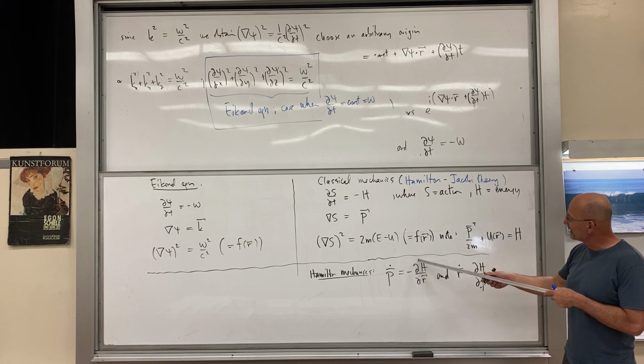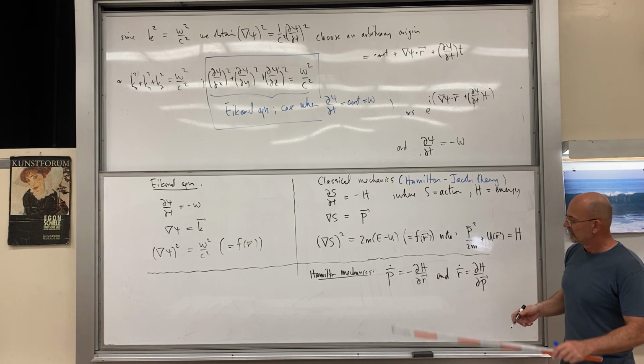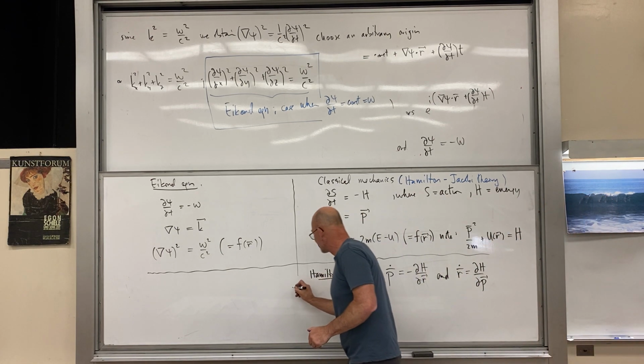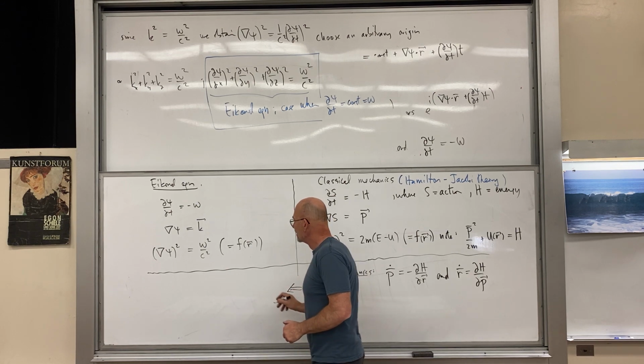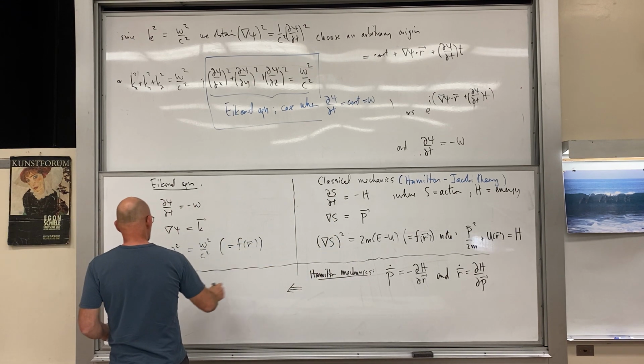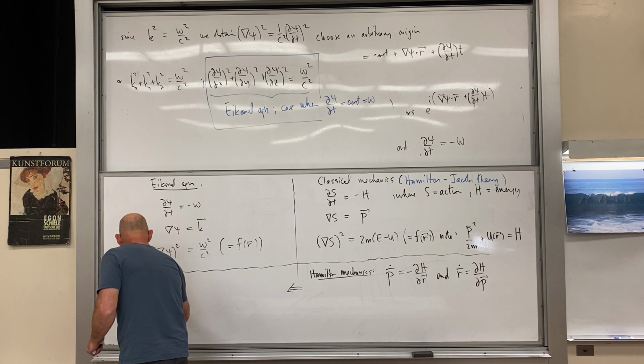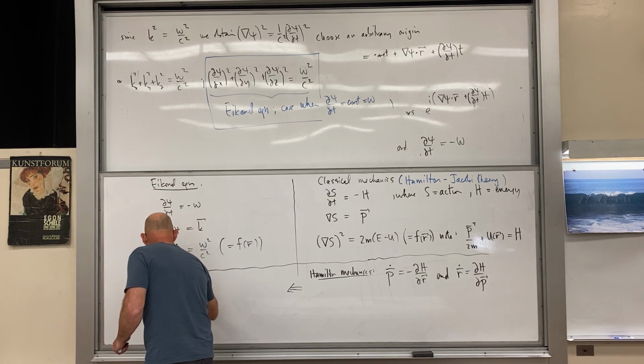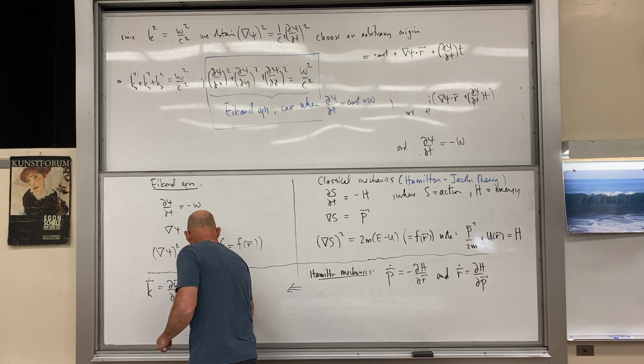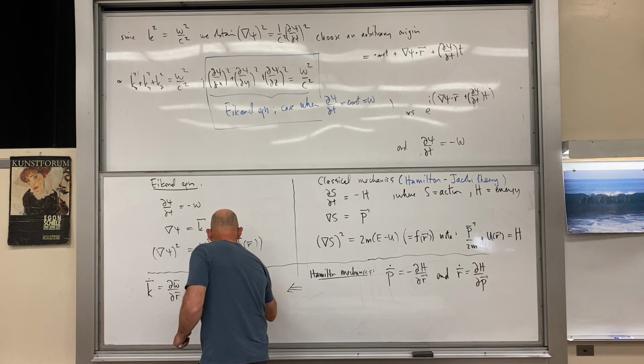So if we take it at this level, what do we get for p dot? We get k dot equal to d omega dr, and we get r dot equal to d omega dk.